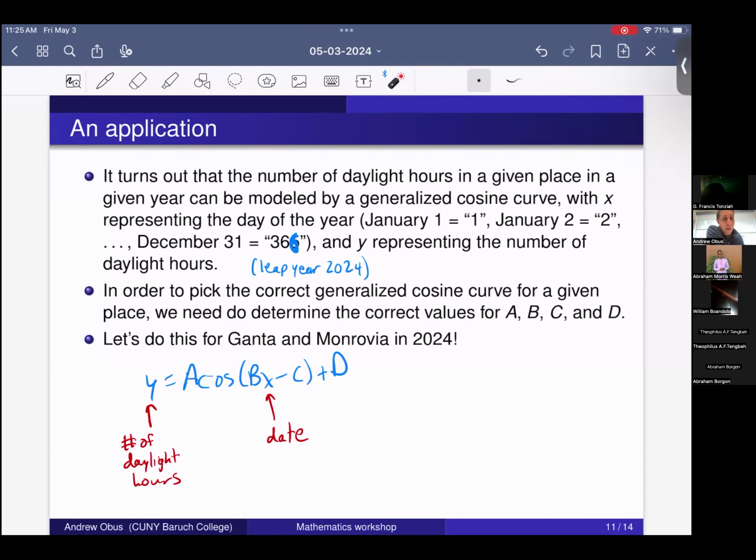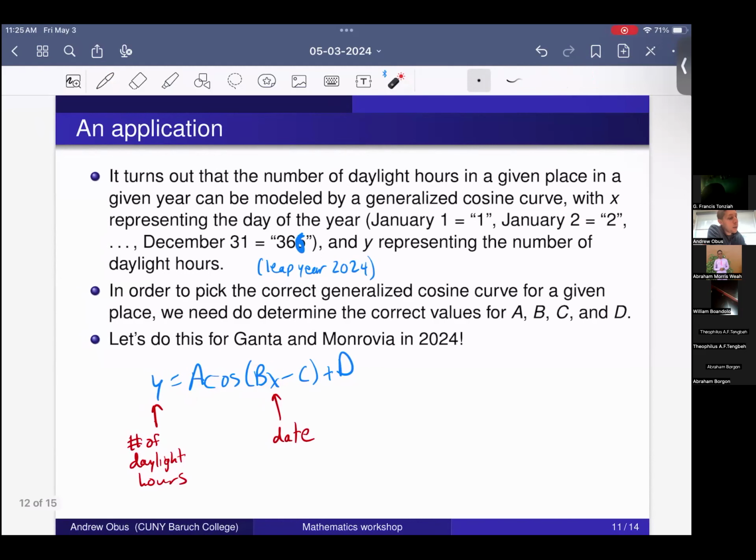You can figure out what those values are from having the data for the daylight hours at a given place. So let's do this for Ganta, and then for homework, you're going to do this for Monrovia.